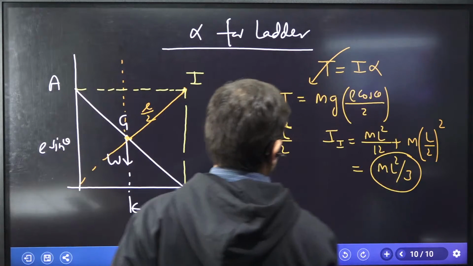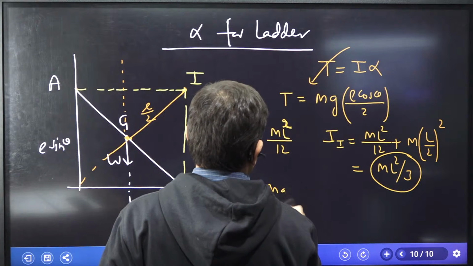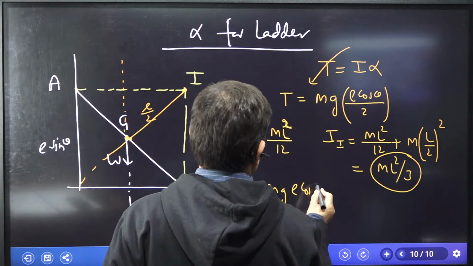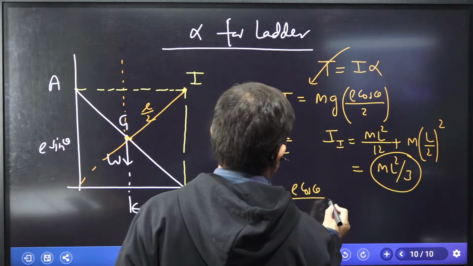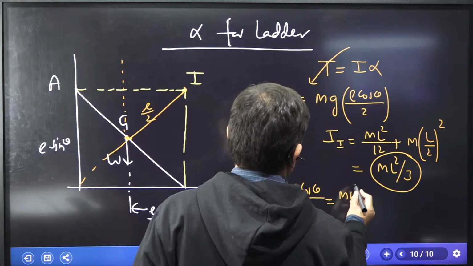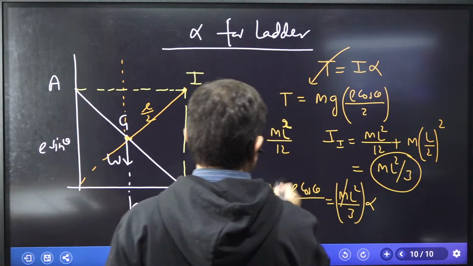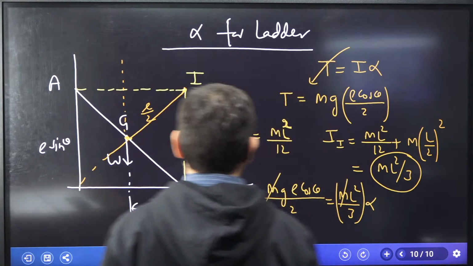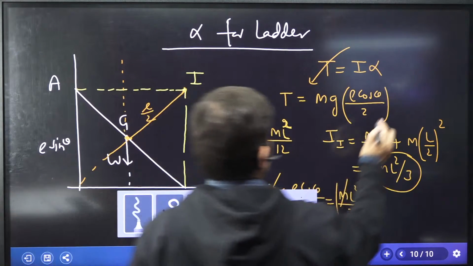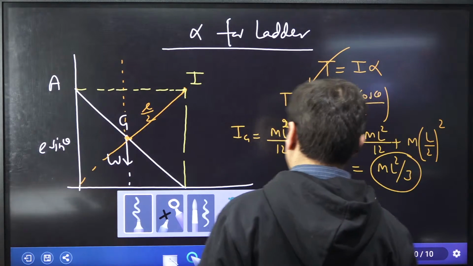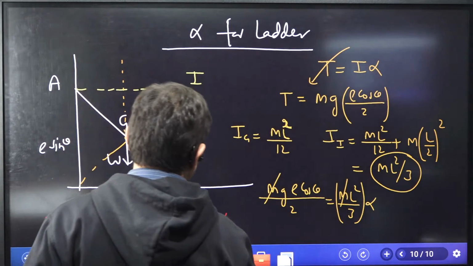Alpha. Let's go there. mg L cos theta by 2 is equal to m L square by 3 into alpha. m gets cancelled out, one power of L gets cancelled out. What we wanted to find out is alpha. And what is the value of alpha coming now?